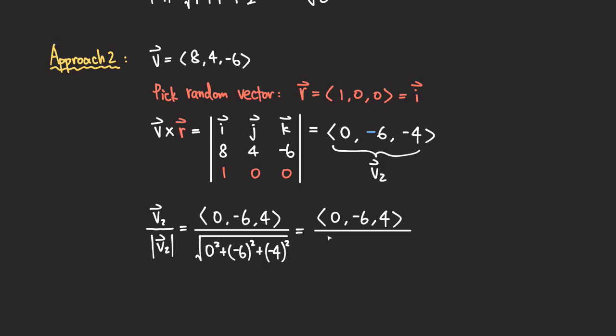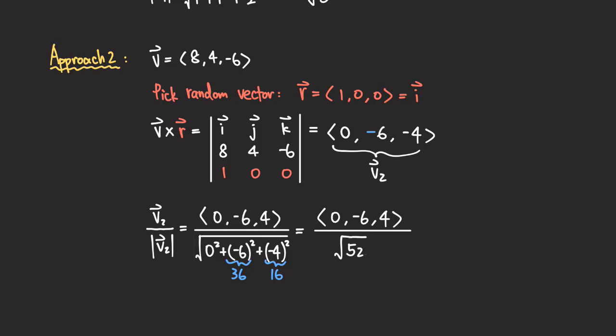And then for the denominator, this one is 36, and this one is 16. Adding the 36 and the 16 together, we get 52.